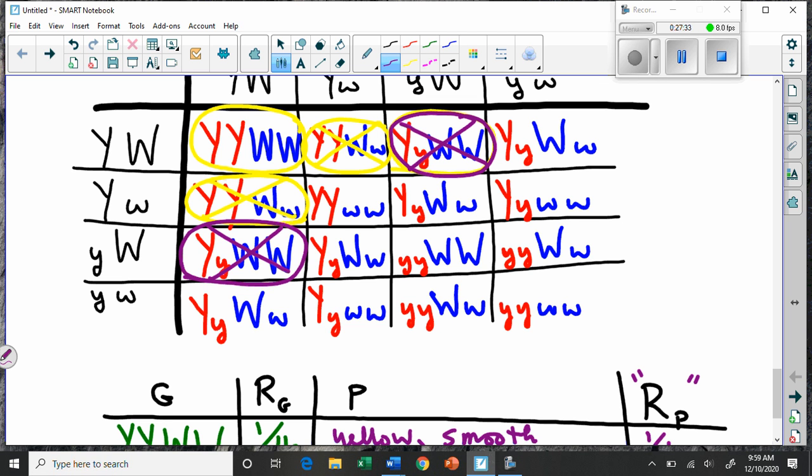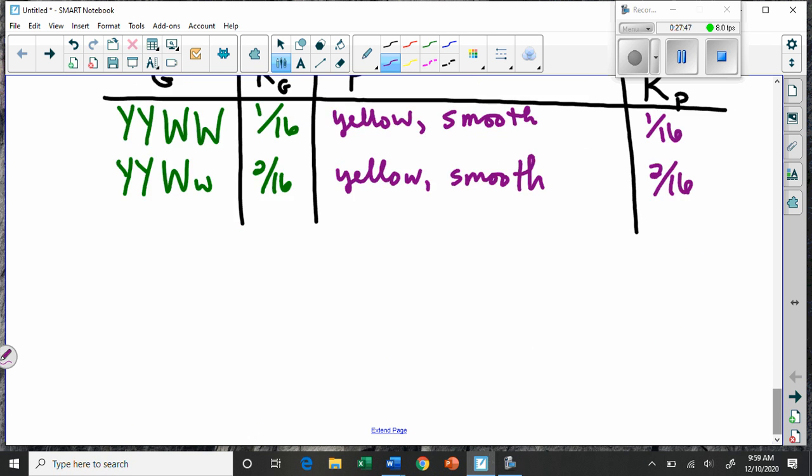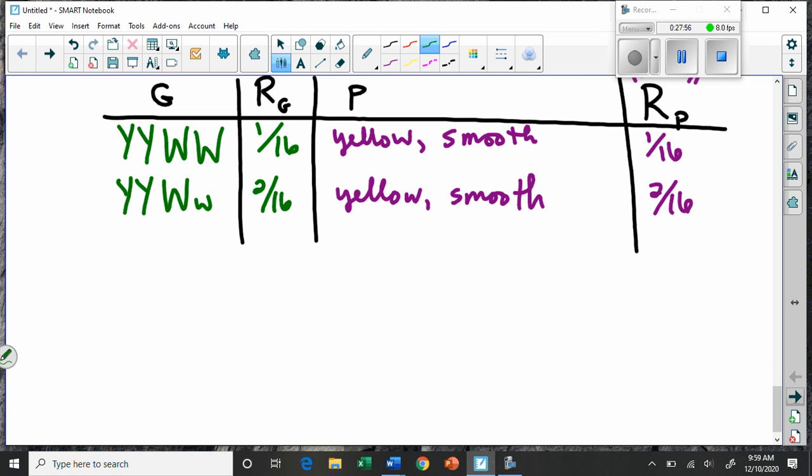I don't see any more. I only see 2 of those options. Okay, so let's write that one down. And that is, what was that one? It was hetero and homo. Heterozygous and homozygous for the dominant, right?